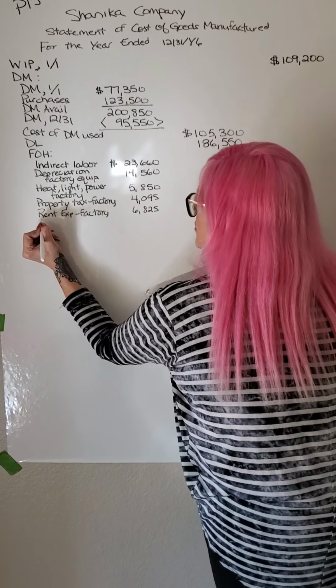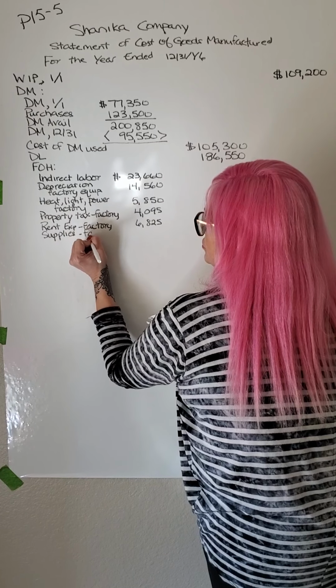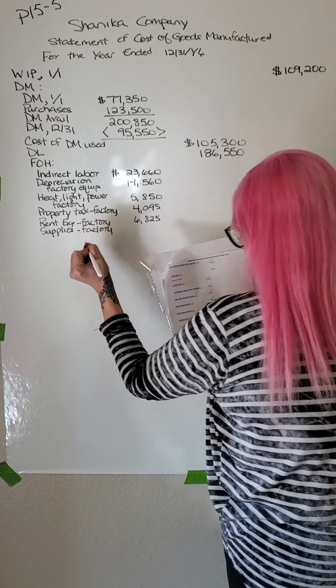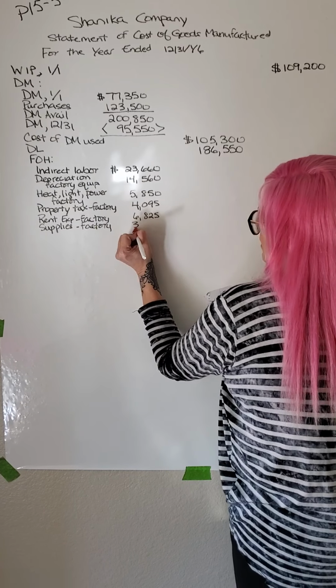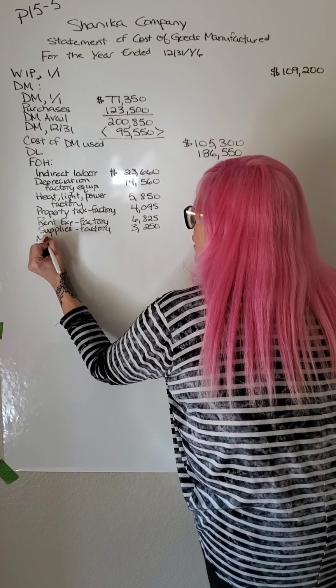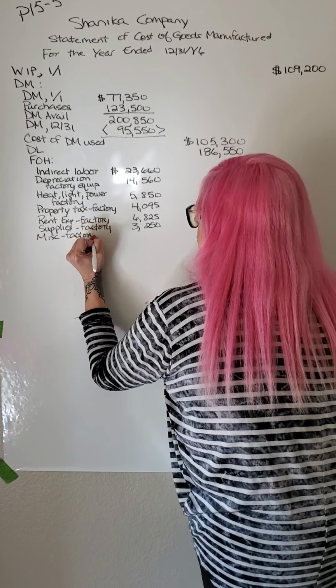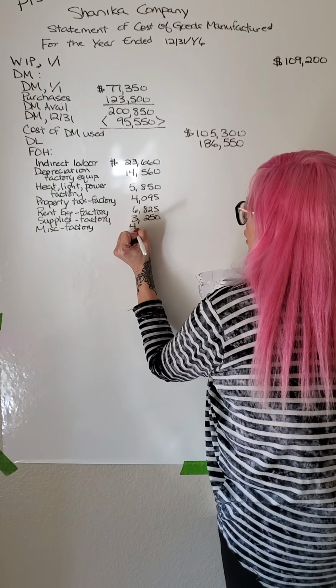Got two more items. We've got supplies for the factory, $3,250. And then the last one is that miscellaneous factory expense. And that is $4,420.